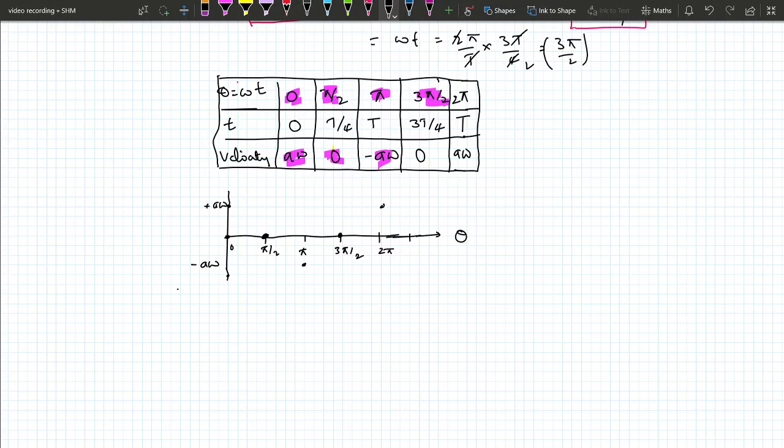I have to complete the graph, so this is the graph you get for the velocity.